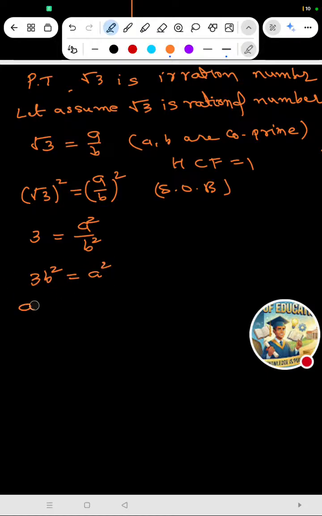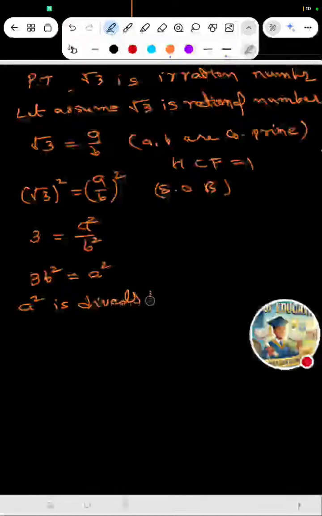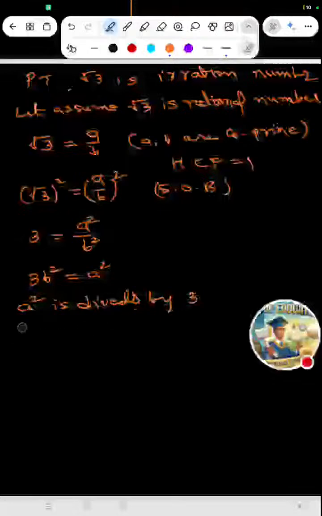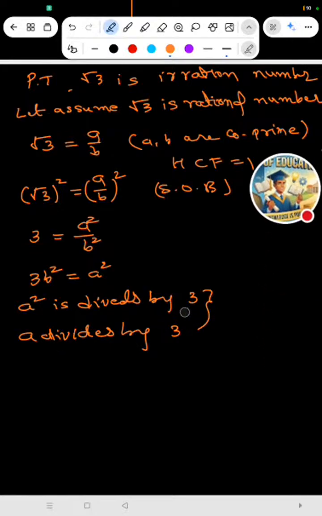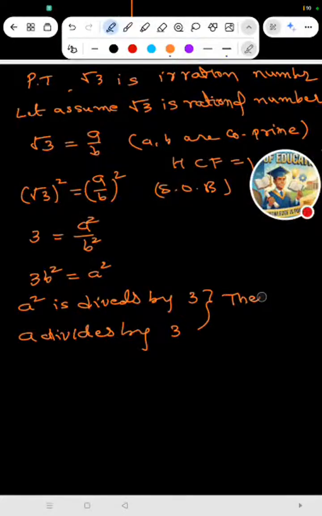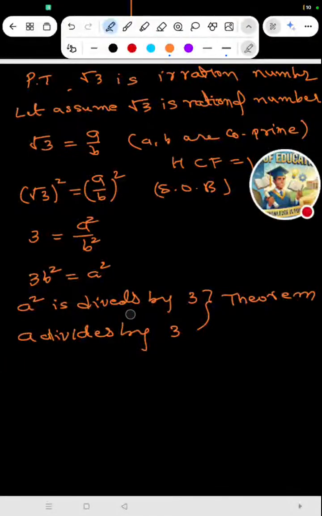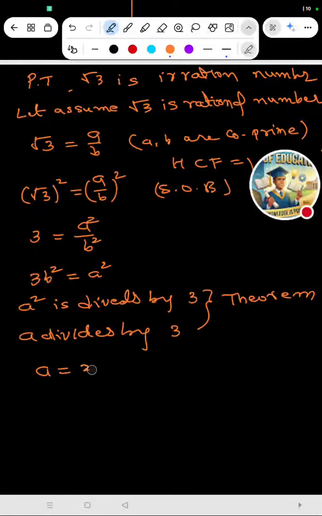Here a square is divisible by 3. In the same way, a also divides by 3, by the theorem we already know.